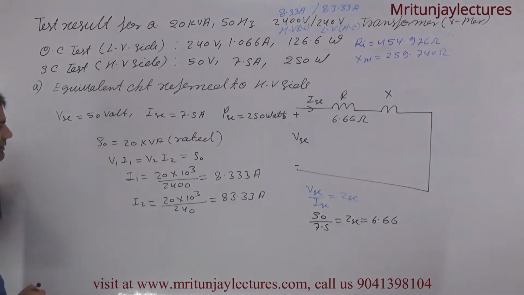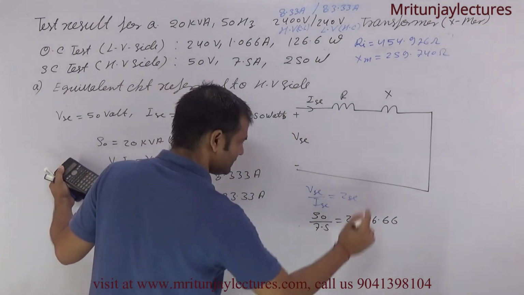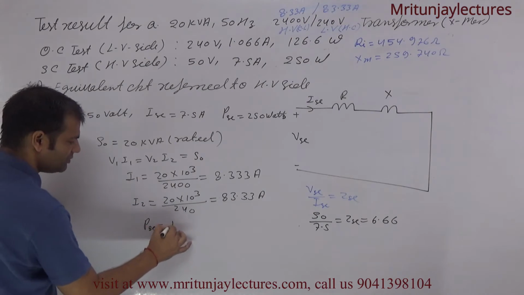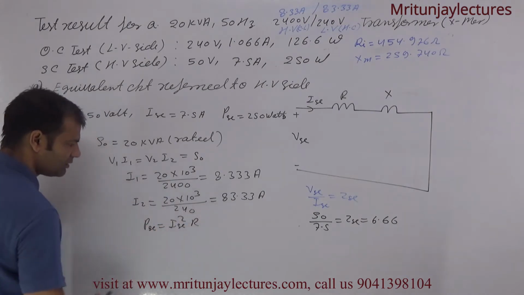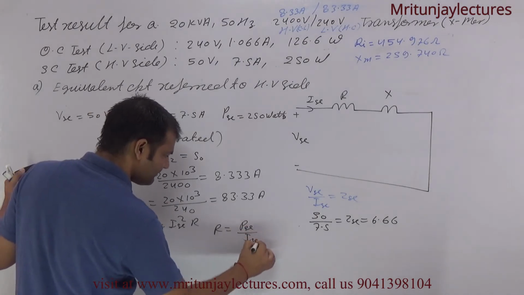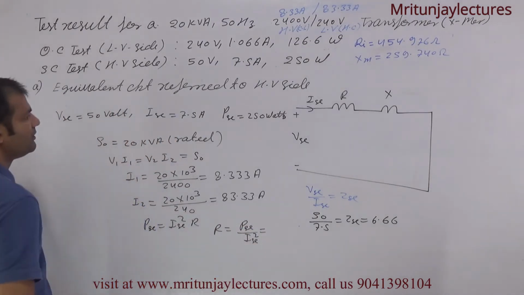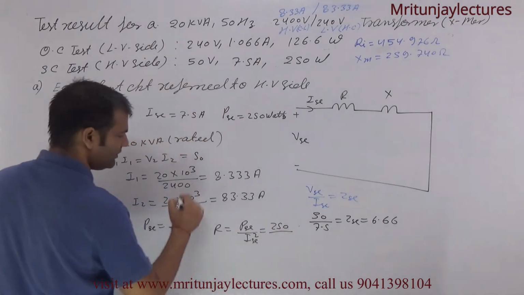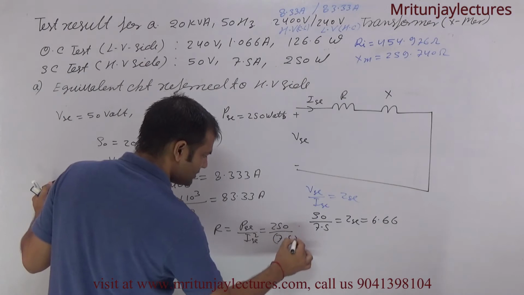That is ZSC, not R. PSC is equal to ISC whole square into R, so R is PSC divided by ISC square, that is 250 divided by 7.5 whole square.